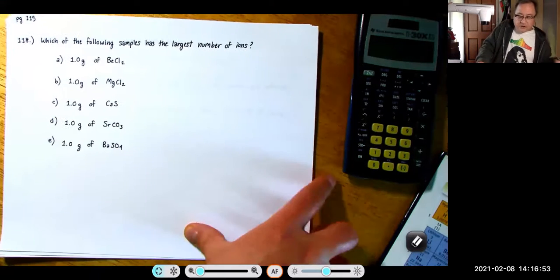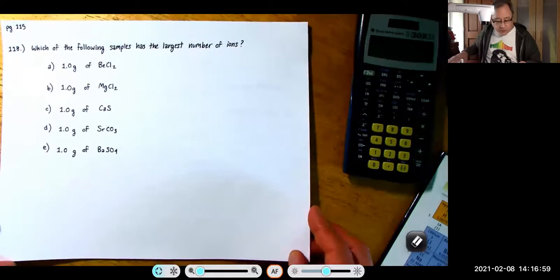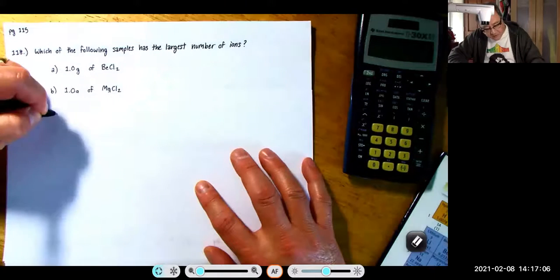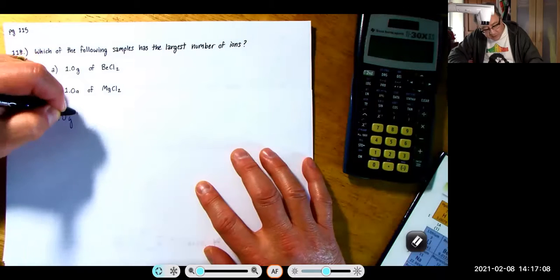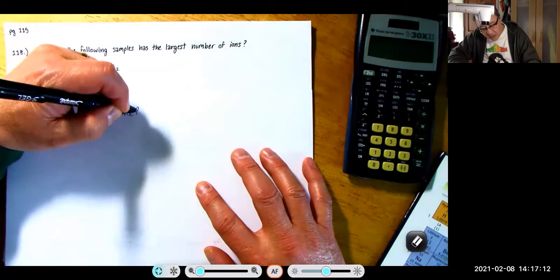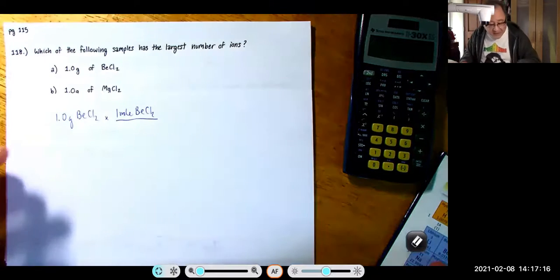Okay, which of the following samples has the largest number of ions? Notice we're starting with 1 gram of each. So let's do this just for the beryllium chloride. I've got 1.0 grams of beryllium chloride times 1 mole of beryllium chloride over, and here I look at beryllium and it's 9.